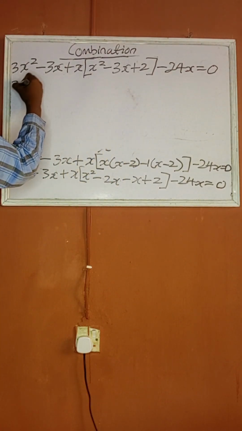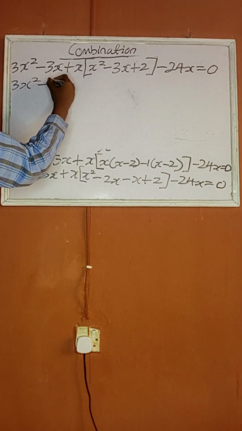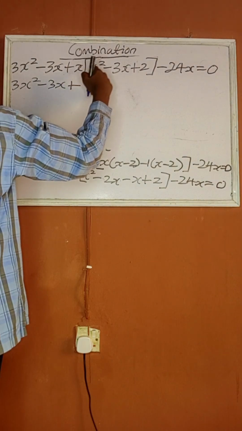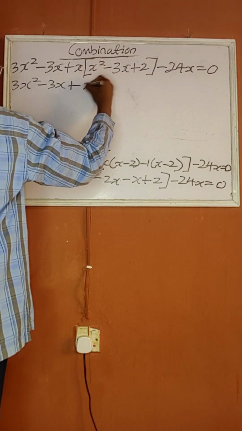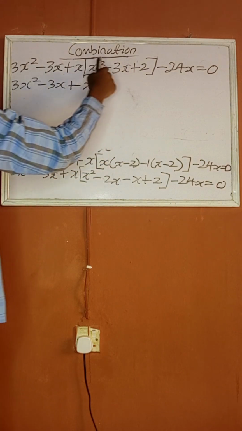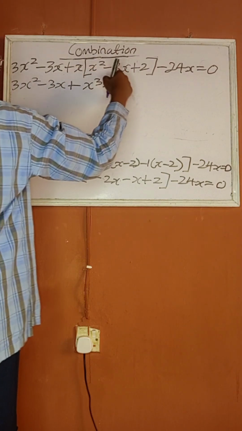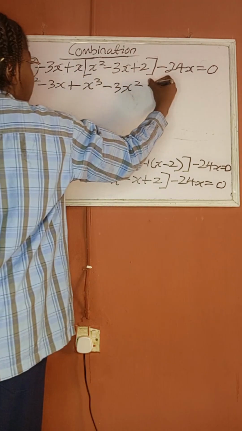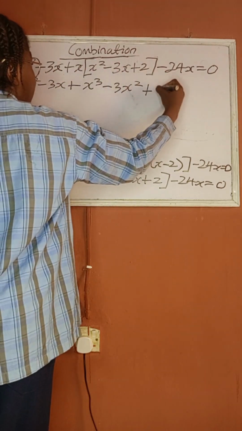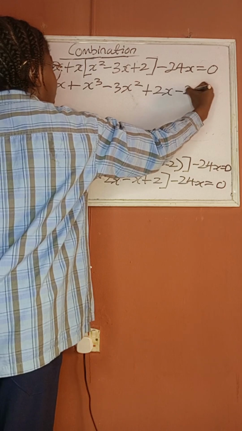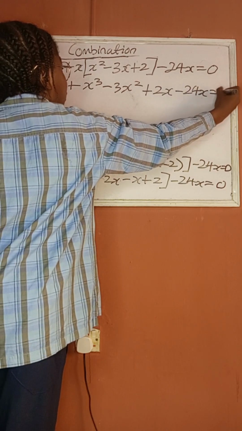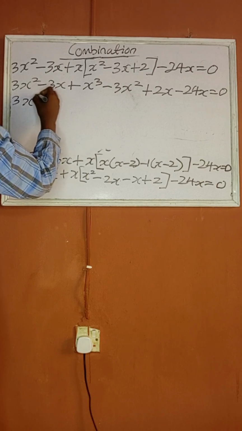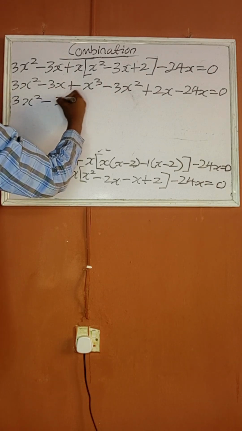Therefore, that's going to be 3x squared minus 3x plus x times x squared is going to give you x cubed, plus times minus x times 3x squared, plus times plus x times 2 is 2x, minus 24x is equal to 0. So that's going to be 3x squared minus 3x.